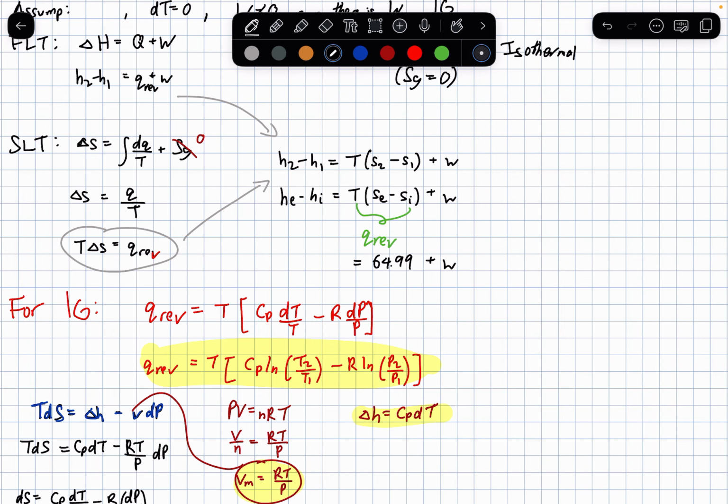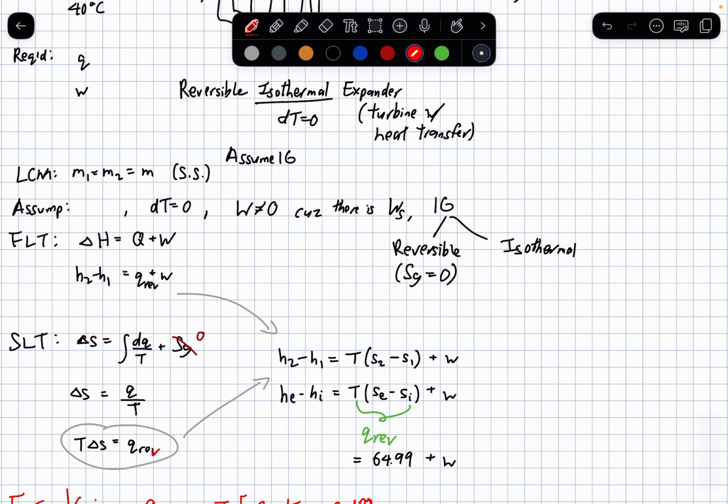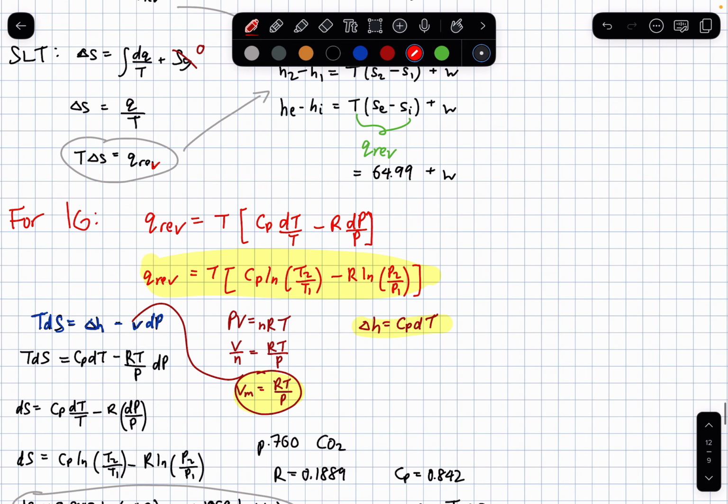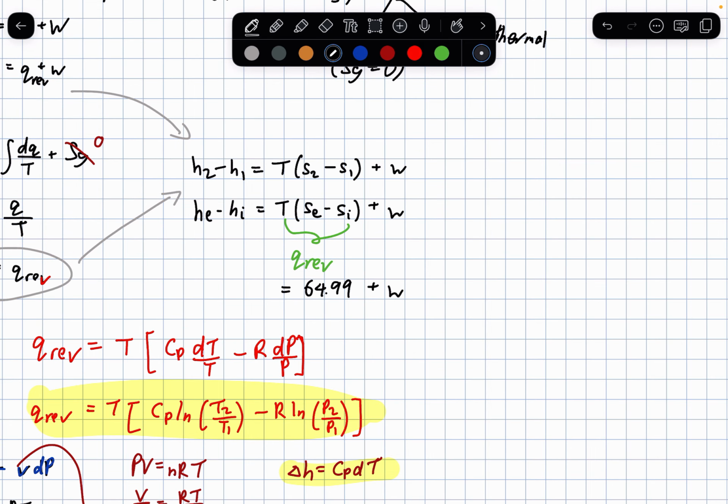Shoot. I wasn't able to make another realization. Isothermal. Wow. Another thing. Delta H is equal to Cp dT, no? For ideal gas. Since isothermal, so 0, delta H is 0.